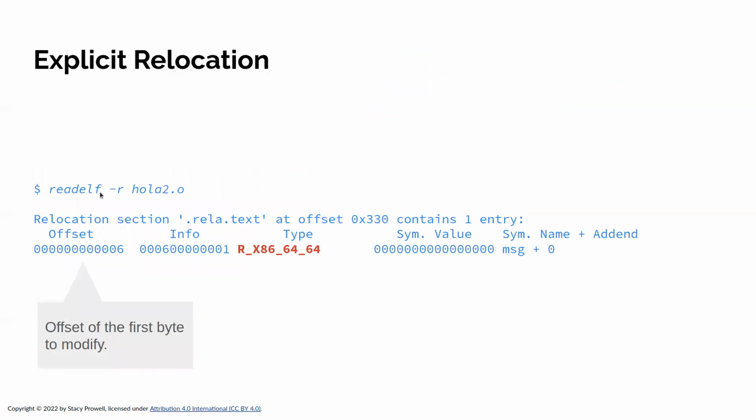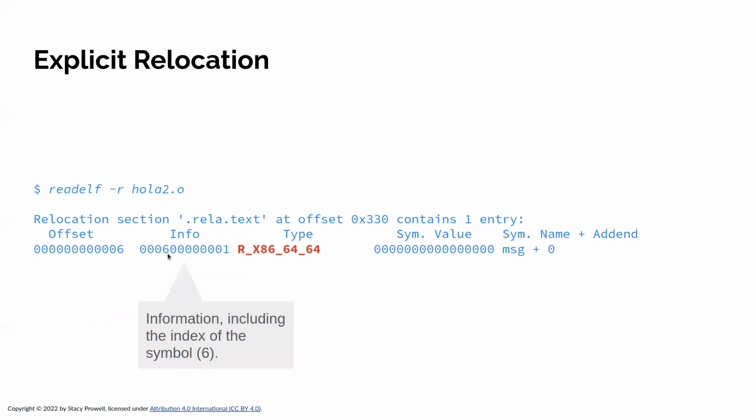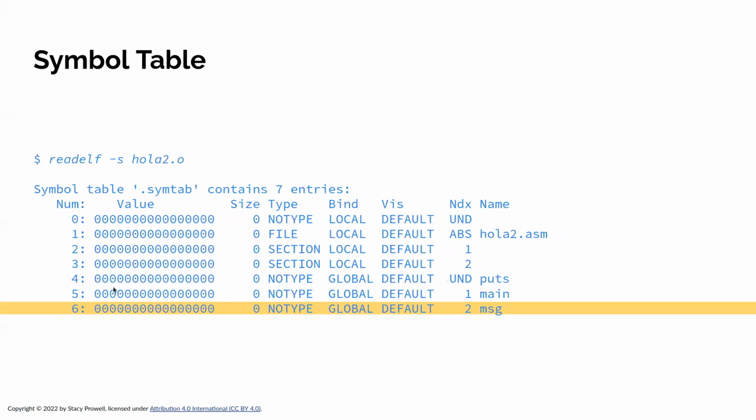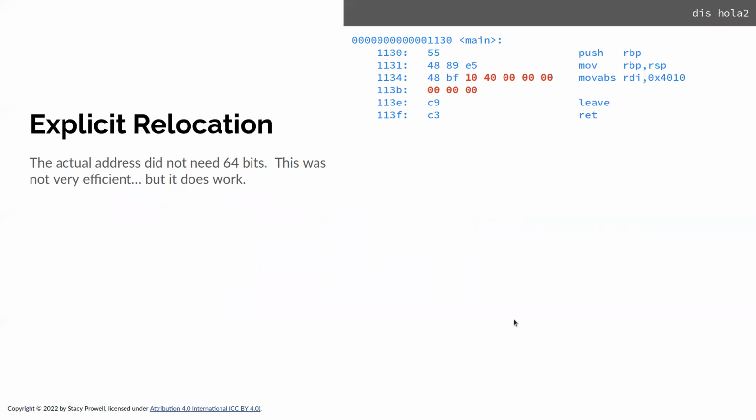And if we look at the relocations for Ola 2, we'll see here is the offset 6 for the relocation, and it's a 64-bit full-on address. Okay? And this is telling the system, when you have the value of that address, go put it here. And the symbol is 6, which if you look in the symbol table, is going to end up being message. And here's the symbol table, and sure enough, symbol 6 is message. All right, that all got connected together.